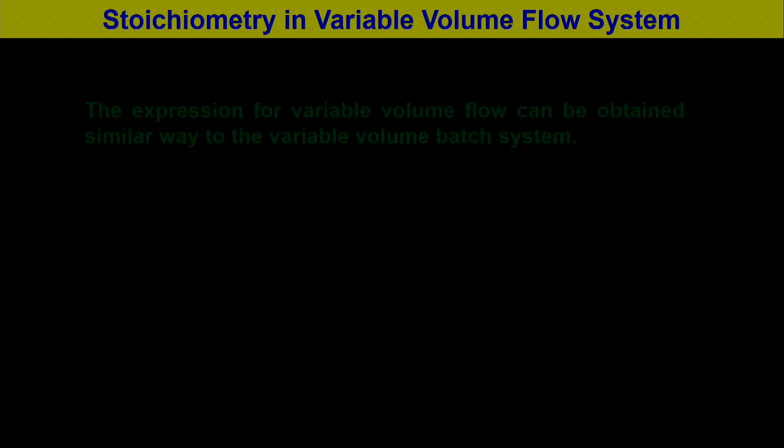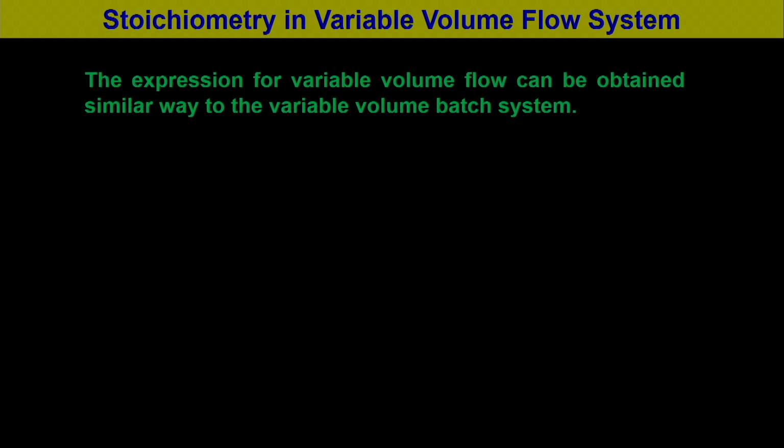So, let us start with stoichiometry in variable volume flow system. The expression for variable volume flow system would be similar to that of the variable volume batch systems. In a similar way, we can obtain the stoichiometry table.